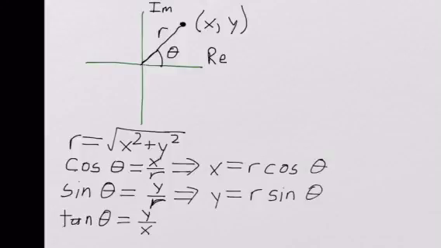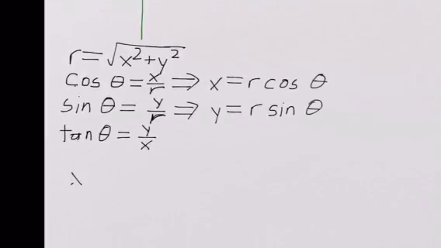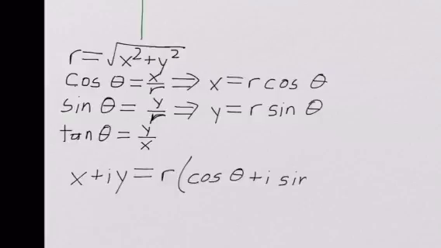So we can now rewrite the number that I have graphed there, x plus iy, as that radius multiplied by cosine of theta plus i multiplied by the sine of theta.